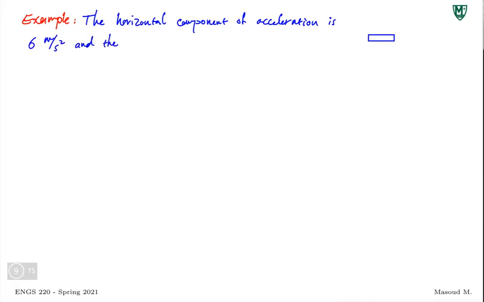And the downward acceleration component is g, which is basically 9.81 meter per second squared.